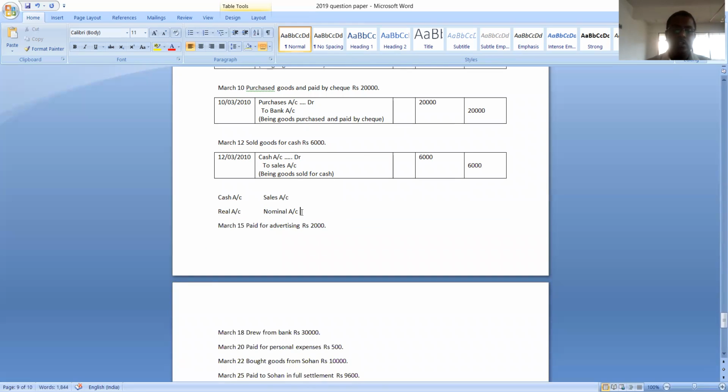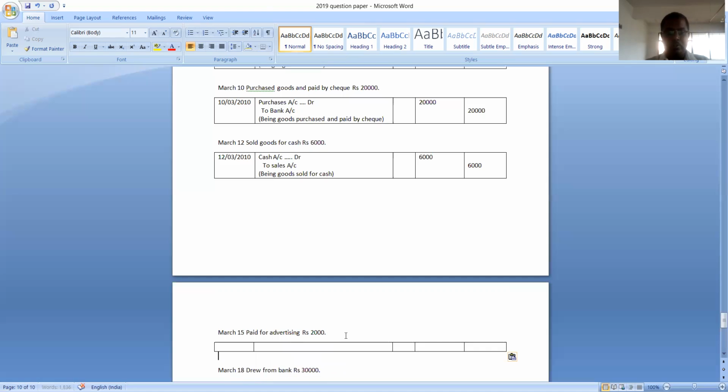Next transaction, actually it is dated on 15th of March 2010. Transaction is paid for advertising rupees 2,000. Okay, yes. So how many accounts are there here? Here actually two accounts are there. One is advertising account, and another one is paid.